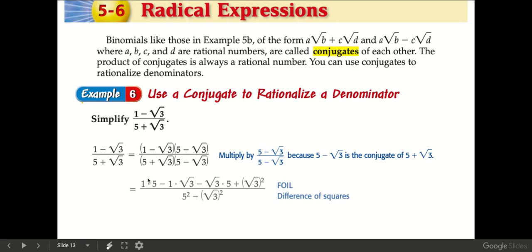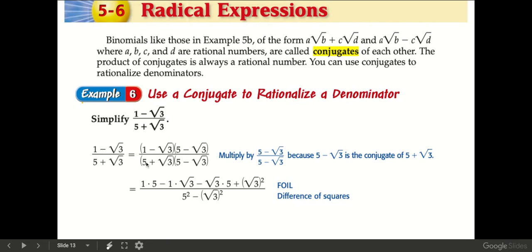Now I can use the FOIL method in both the top and bottom. When I multiply the top, it's 1 times 5, 1 times negative radical 3, negative radical 3 times 5, and then negative radical 3 times negative radical 3 is positive radical 3 squared.